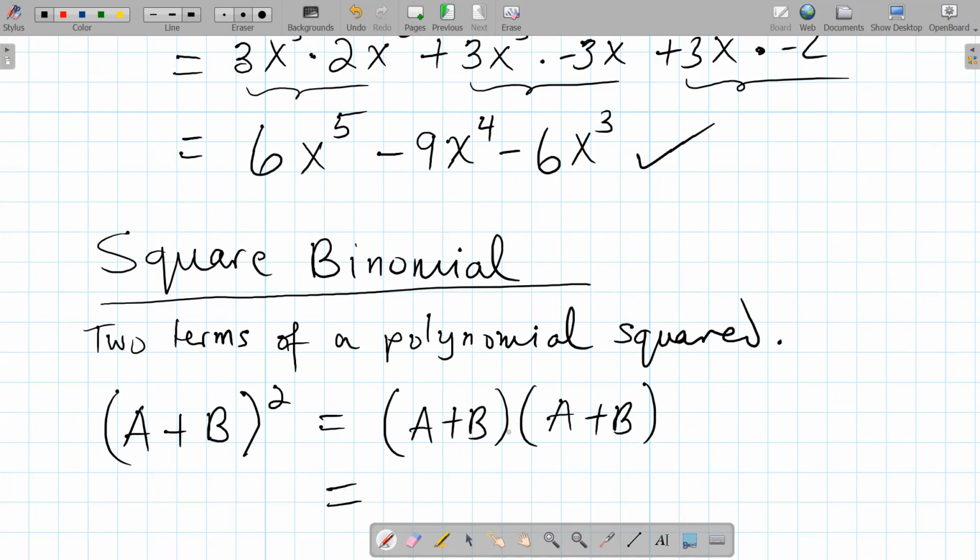From here, I just use FOILing. A multiplies A, A multiplies B, B multiplies A, and B multiplies B. If you want, just to illustrate to you, A multiplies A, A multiplies B, and B will multiply A and multiply B.